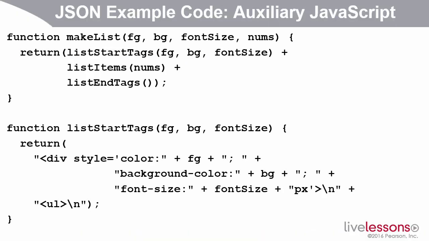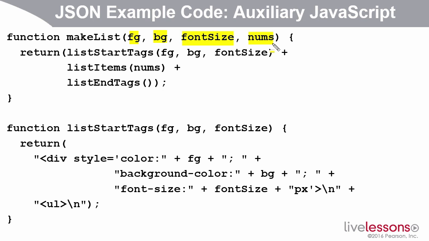Next, before I hook the whole process together with AJAX, I'm going to write some auxiliary JavaScript code, some helper code, that will take the information that I just showed you that's coming from the server, namely a foreground color, a background color, a font size, and an array of numbers, and build a colored UL list out of this.